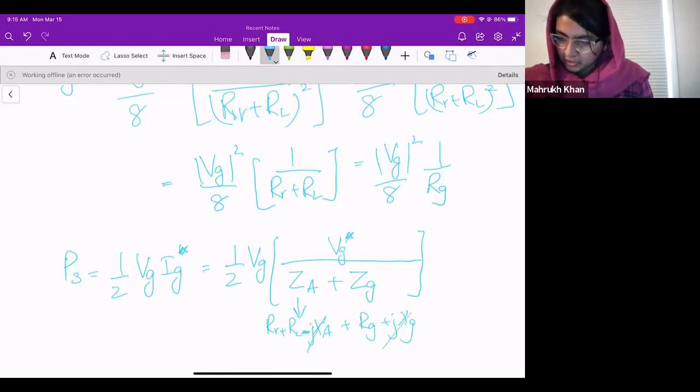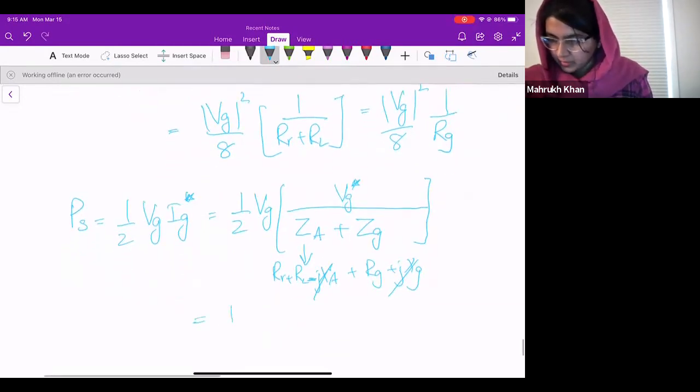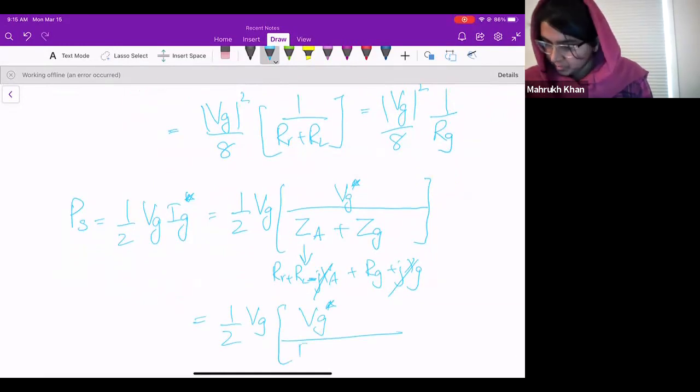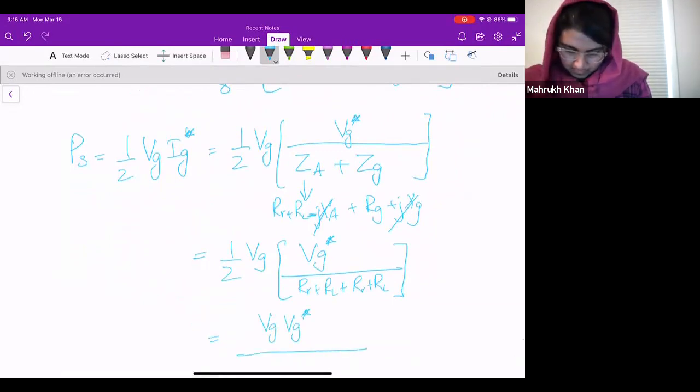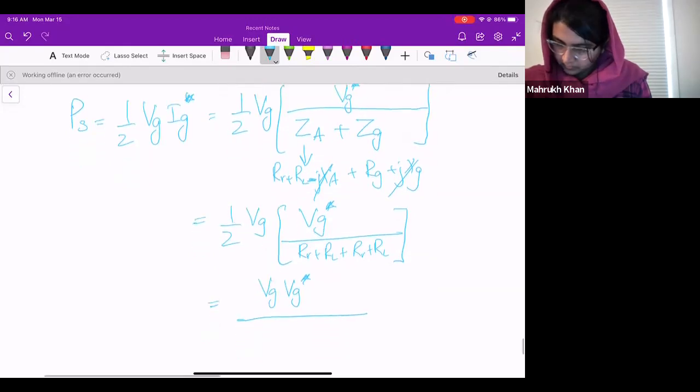So they will cancel each other and you will have RR plus RL plus RR plus RL, because RG can also be written as that. And this will be two times RR plus RL, into 2.